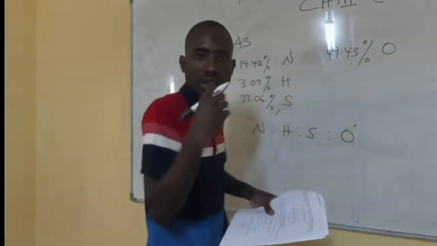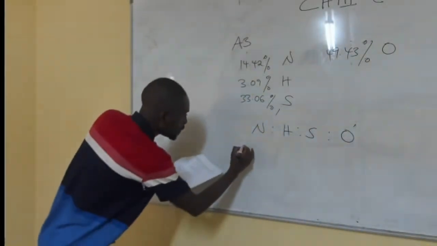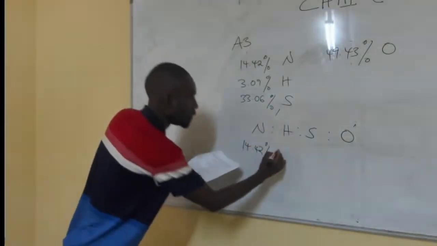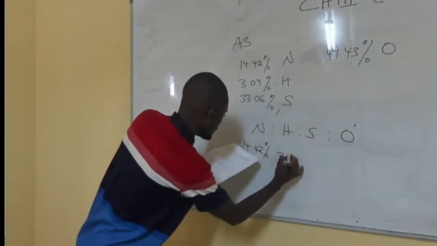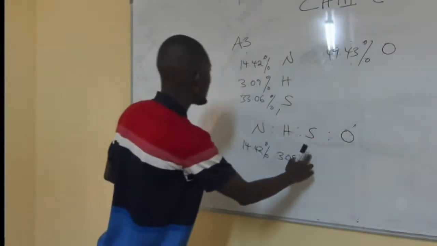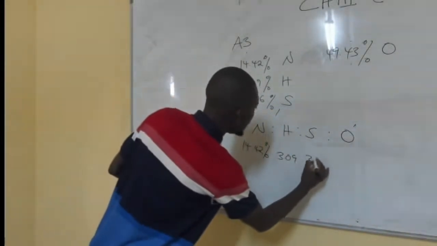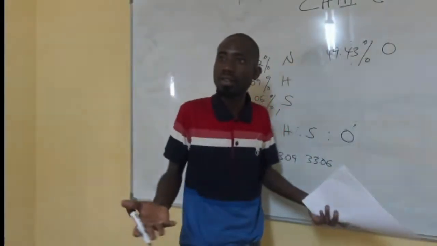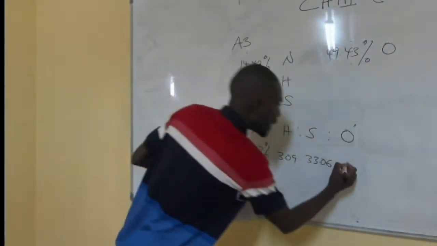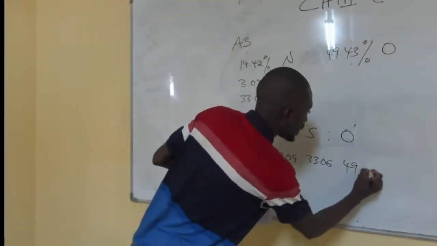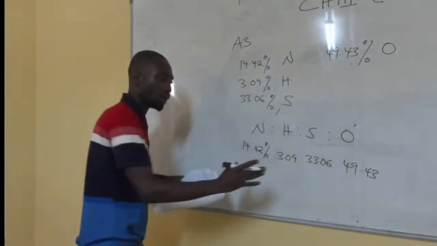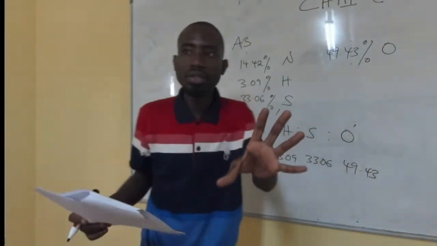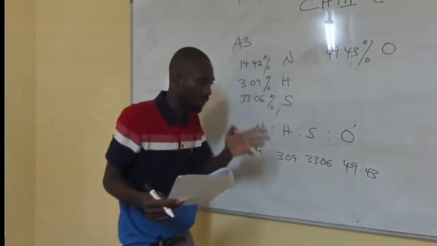You pick your percentages and write them like that. So 42%, the hydrogen is 3.09, just like that. The sulfur is 33.06. Then the oxygen, which you would have calculated from the entire 100, is 49.43. Okay? Now, at this stage, you divide them with their relative atomic masses.